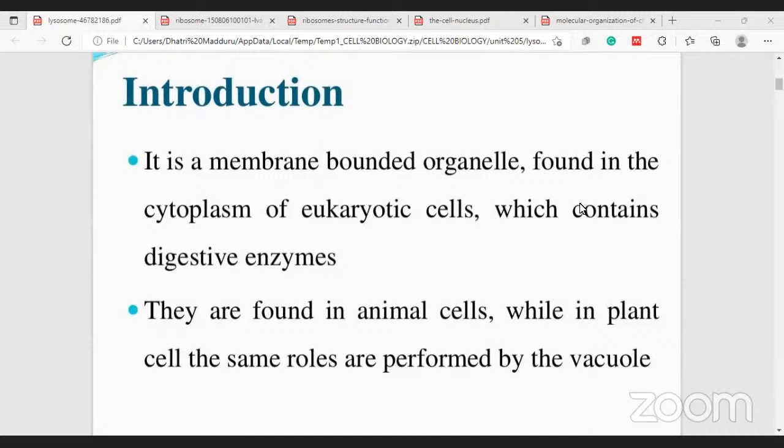They perform an important role as a vacuole. These digestive enzymes are important for digesting organelles during the turnover process, or any pathogen that enters the body. When these components have to get rid from our body, these digestive enzymes play an important role.